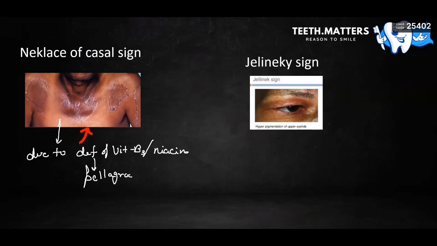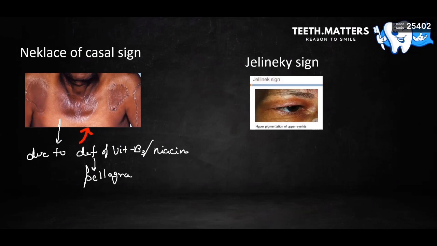Next sign is Jellinek sign. Jellinek sign is seen in hyperthyroidism. In this figure we are seeing pigmentation over the upper eyelid. The hyperpigmentation is due to secondary increase of corticotrophin levels and may also occur on other areas of the face but usually spares the buccal mucosa.